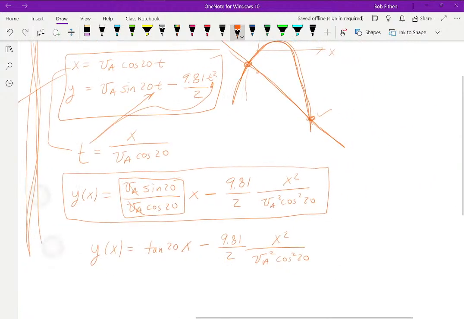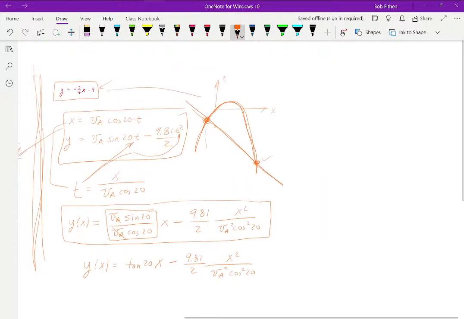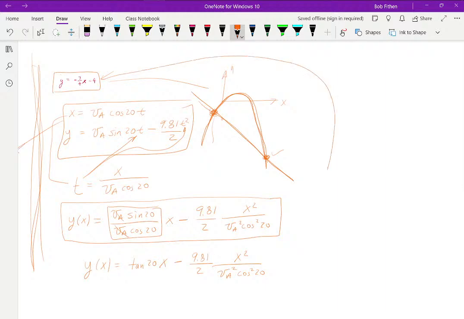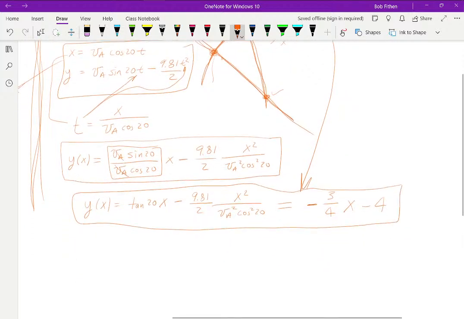Now, where they hit each other, these two locations, all I have to do is take this equation, set them equal to minus 3/4 because the ski slope is sloping down, x minus 4. Now, ordinarily, we would solve for x and I'd get two solutions.